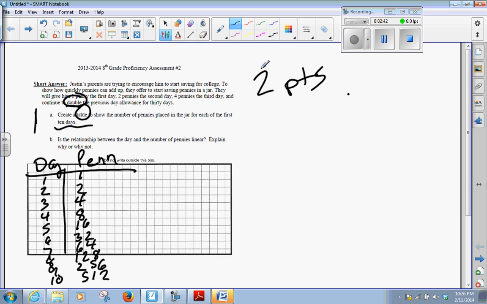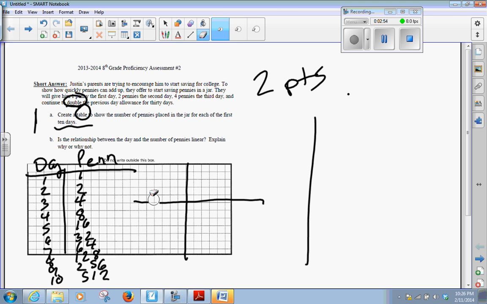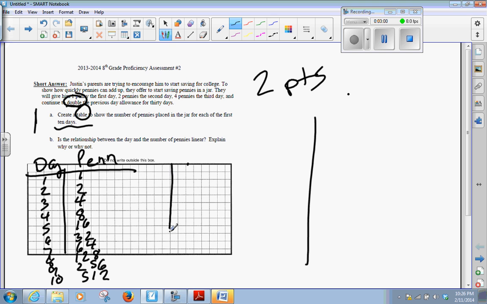Remember, if you have a table, you actually have a couple of different options. So one thing you could have done is, I'm going to use this grid right here to make a little graph, you could have graphed them to see whether or not it's linear. Remember that the word linear means that if you were to graph it, it'd form a straight line.